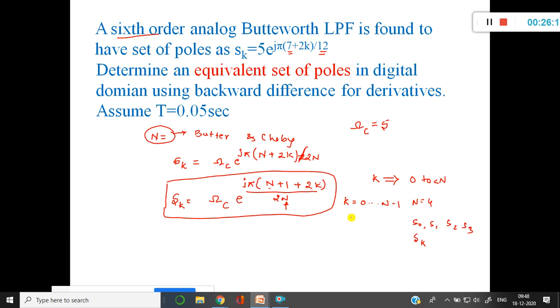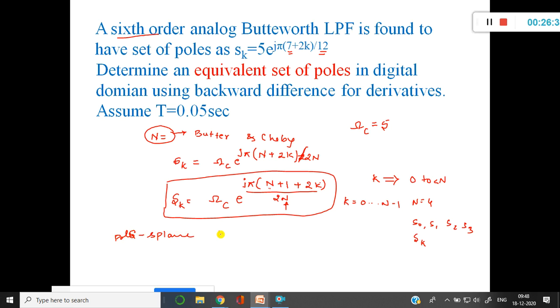So just go on substituting the value of k from 0 to 5, and you will find the s values. That s value indicates the poles in the S plane.